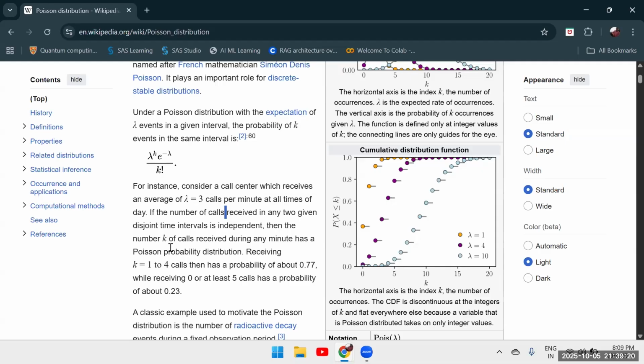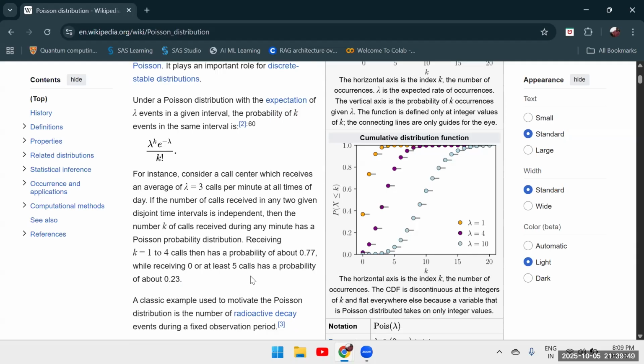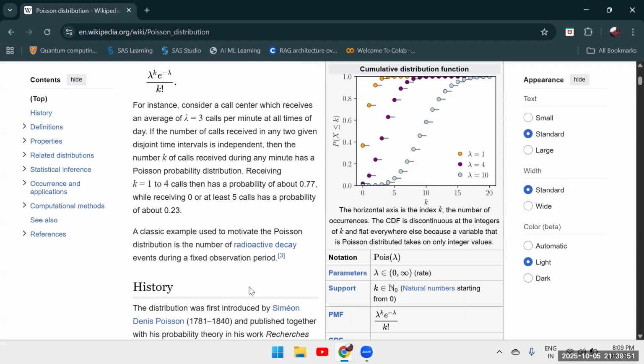And then the number K of calls received during any minute has a Poisson probability of receiving K. The probability of 1 to 4 calls is going to be 0.77, and for 0 to 5 calls, the probability is going to be 0.23. So when they are finding the value of lambda to the power k, e power minus lambda, divided by k factorial, they are basically trying to estimate a Poisson distribution.